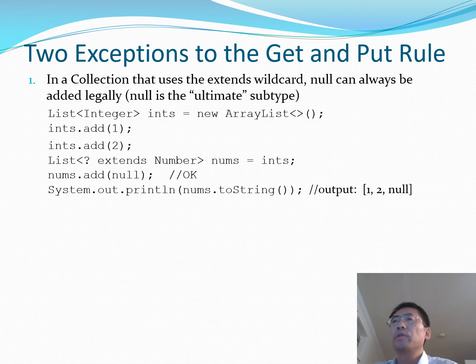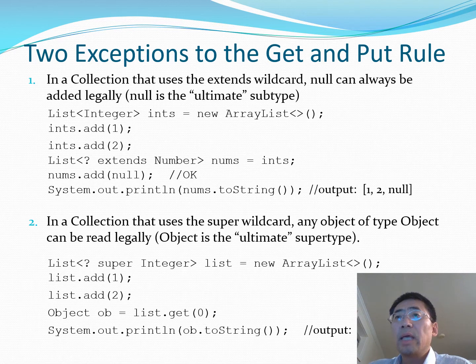There are exceptions though for this get and put principle. When we have a parameterized type with the extends wildcard, normally we cannot add items, but we can add a null value. So this is acceptable.